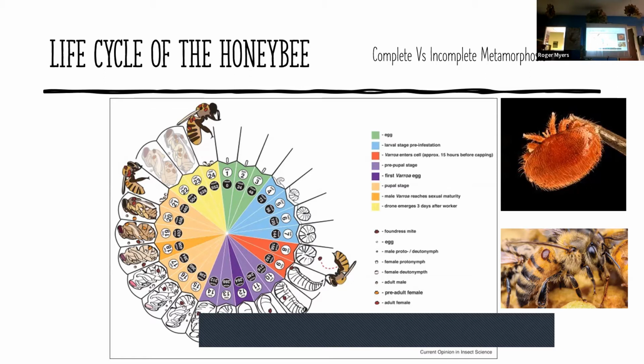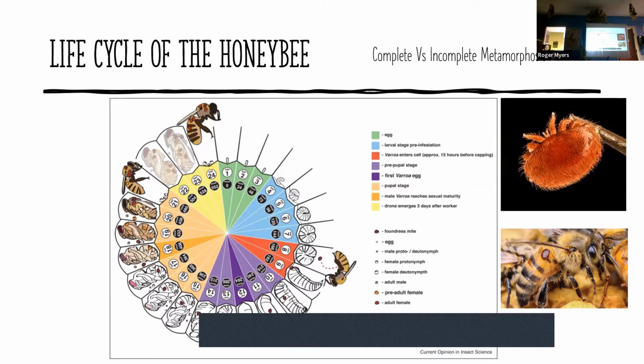And she knows that she's going to detach herself and feed on a larva, but she waits until a pretty old larva, just about the time that larva is going to start pupating and get capped. She knows that if the bees find her, they're going to try to get rid of her. So she waits and hides till that cell is capped over. She comes up and she starts feeding on the larva.